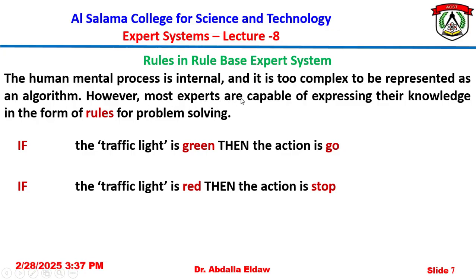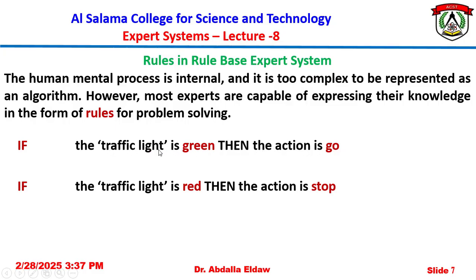However, most experts are capable of placing their knowledge in the form of rules for problem solving. Despite this complexity, some experts try to decrease the complexity in making the rules. For example, if the traffic light is green, then the action is go.